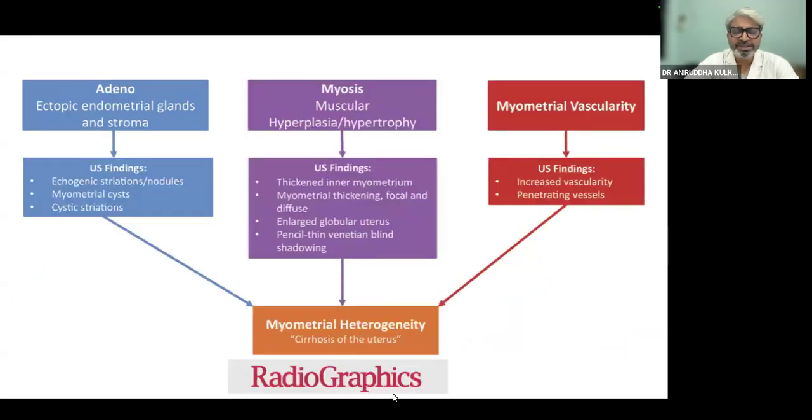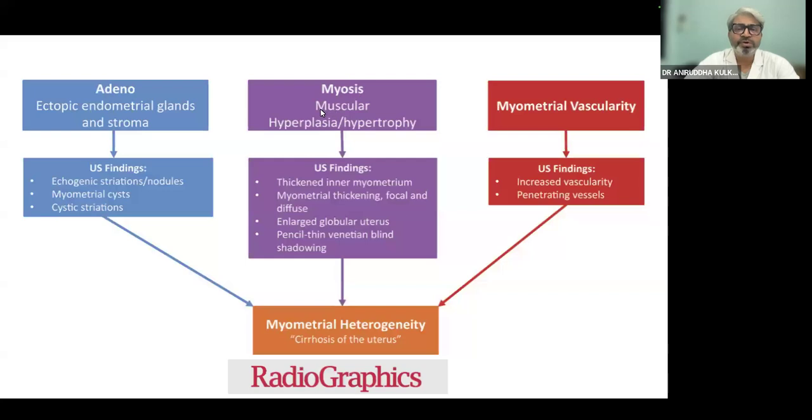So Radiographics coined the term myometrial heterogeneity, which is characterized and equivalent to cirrhosis of the uterus, and that is because of adenomyosis and myometrial vascularity. So adeno means ectopic endometrial glands and stroma; ultrasound characterizations are echogenic striations and nodules, myometrial tiny cysts, cystic striations within the endomyometrial junctional zone and myometrium.